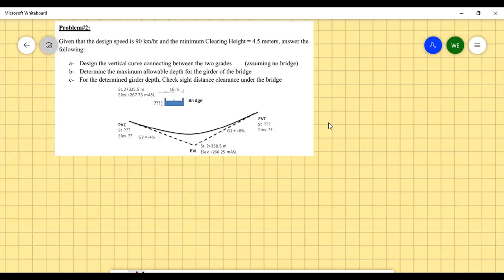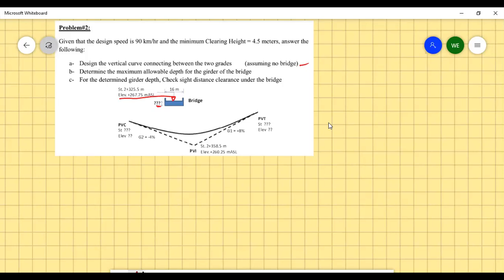Answer the following. Design the vertical curve connecting the two grades, assuming no bridge. Then determine the maximum allowable depth for the girder of the bridge here. So that's the pavement surface. Here's the information. For the determined girder depth, check the sight distance clearance under the bridge.